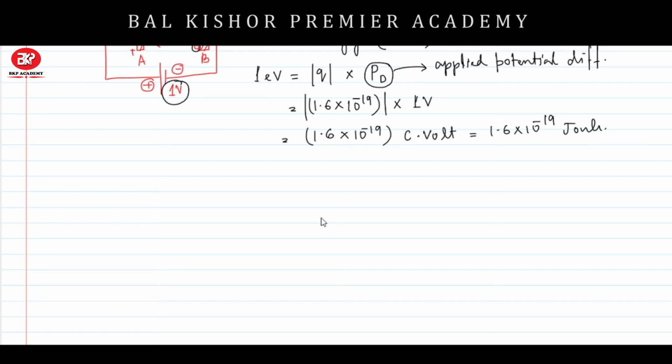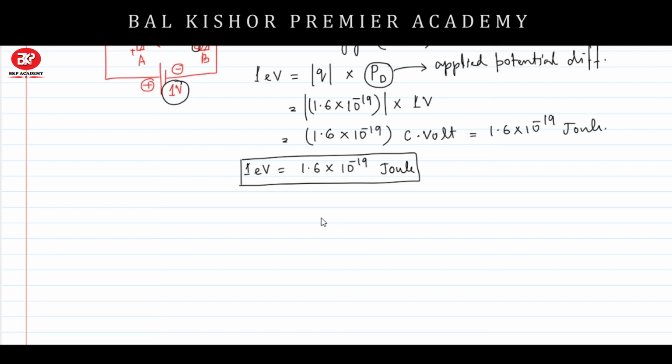So we can see that 1 electron volt energy is equal to 1.6 into 10 to the power minus 19 joule. And this is a very important relationship between the 1 electron volt energy and joule. So we can convert the electron volt energy to joule and joule to electron volt.